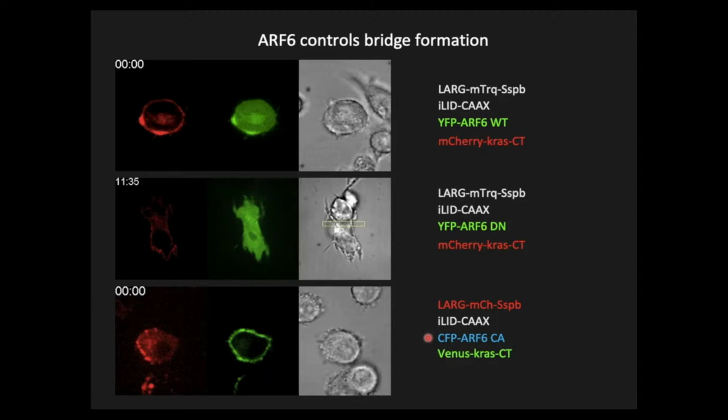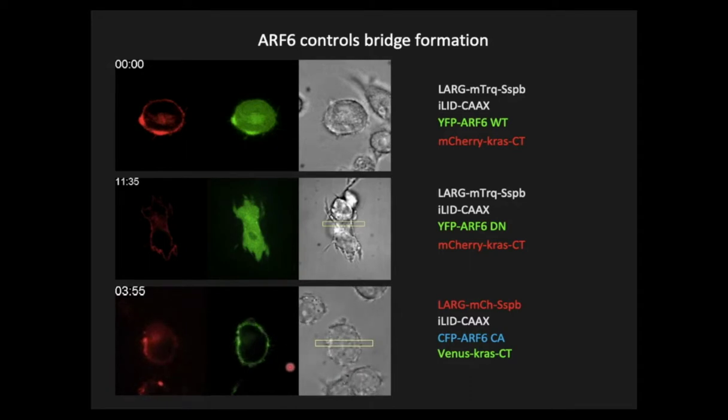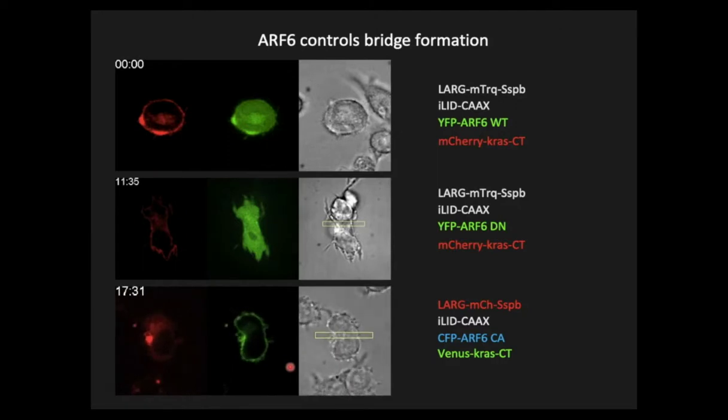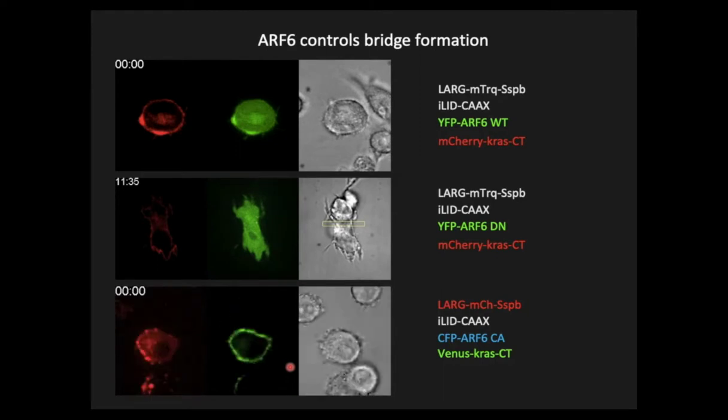Then in the third movie, as you will see, the red channel is our optogenetic construct, the green channel is a membrane marker, and when we express constitutively active ARF6, the cell also cannot form the furrow. This means that the cell doesn't just need ARF6 activity, it also needs the dynamic switching on and off of ARF6 during furrow formation.